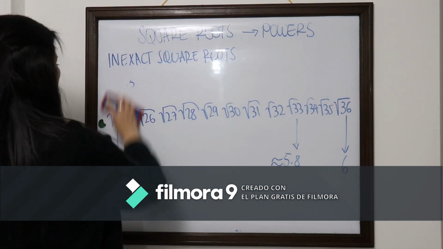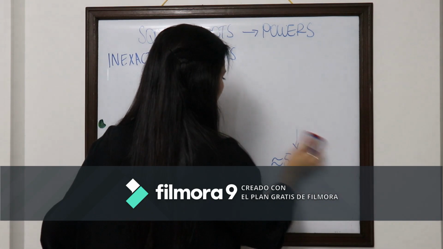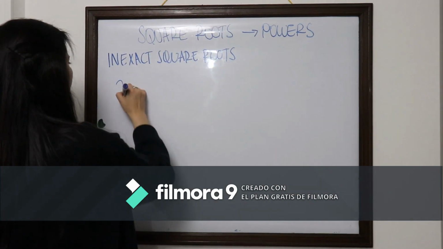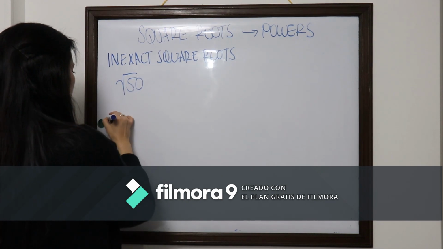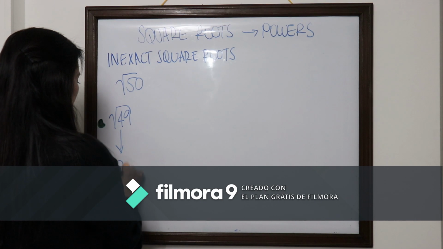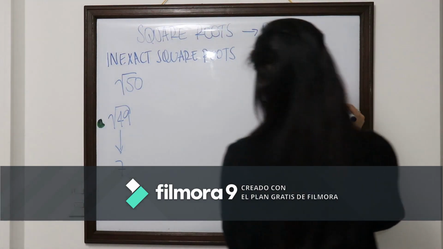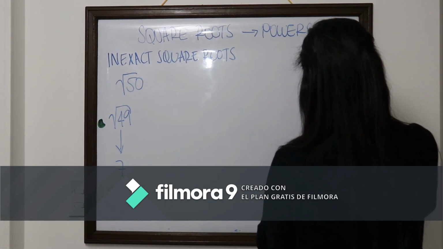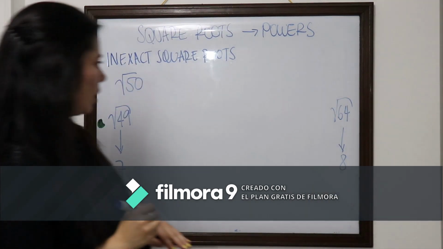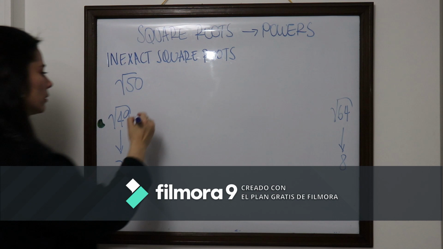And the last one I'm going to do is the square root of 50. The one before is the square root of 49, which is 7. And the one after is the square root of 64, which is 8. So, of course, it's going to be right here.